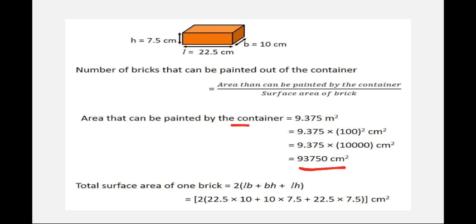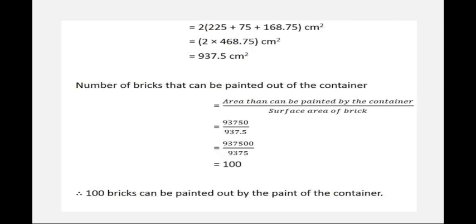Now you will find the total surface area of one brick. The formula is 2 into length into breadth plus breadth into height plus length into height. Just put these three values in the equation. You will get the area of each brick as 937.5 centimeter square. So this is the area of each brick.